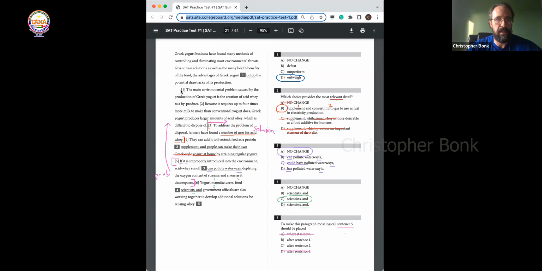So this is basically 1 and 2 combined are going to be the introduction to the problem. This is going to give us the consequences to the problem, which we can put right after 2. Put it right here. C is going to be our best answer. Everything after that, 3, 4, and 6, those provide the solutions to the problem right there.